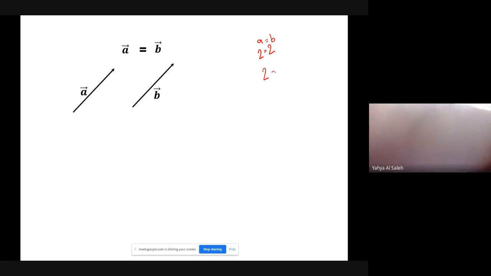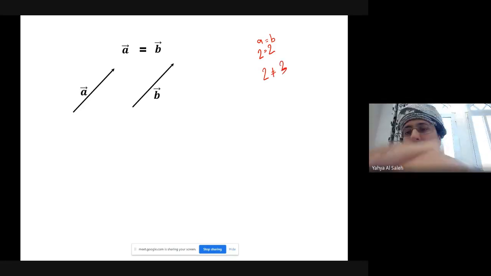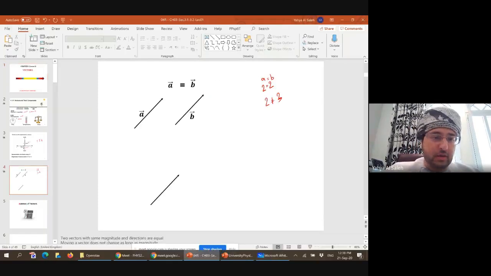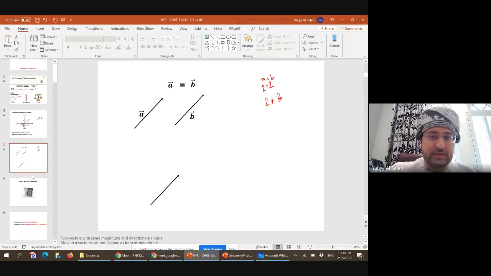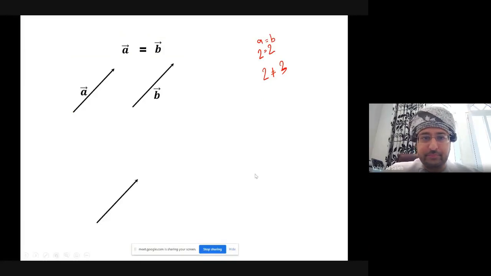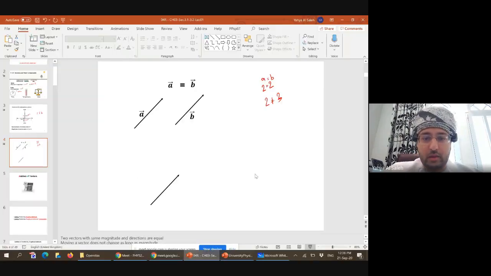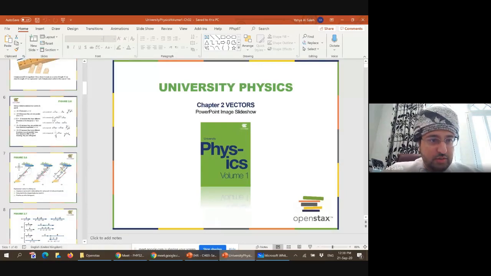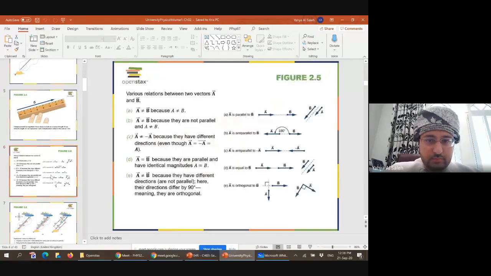If they are anything that is not the same, then we call it not equal. It's a slightly trickier concept for vectors. For that, your book actually has a really, really good representation.